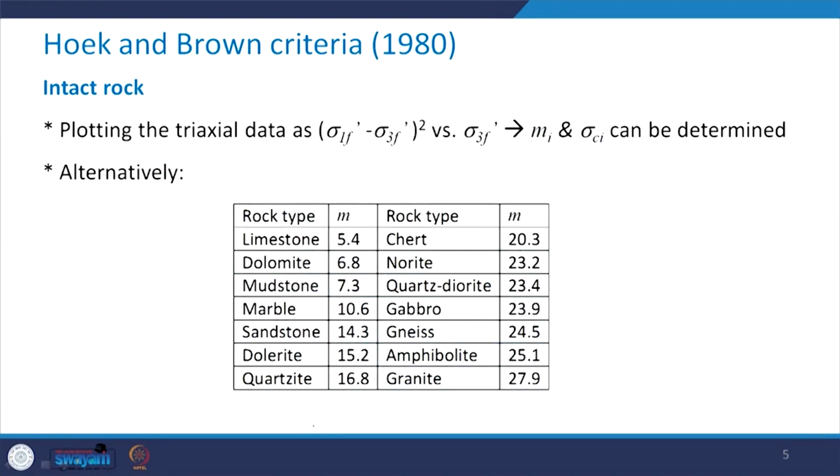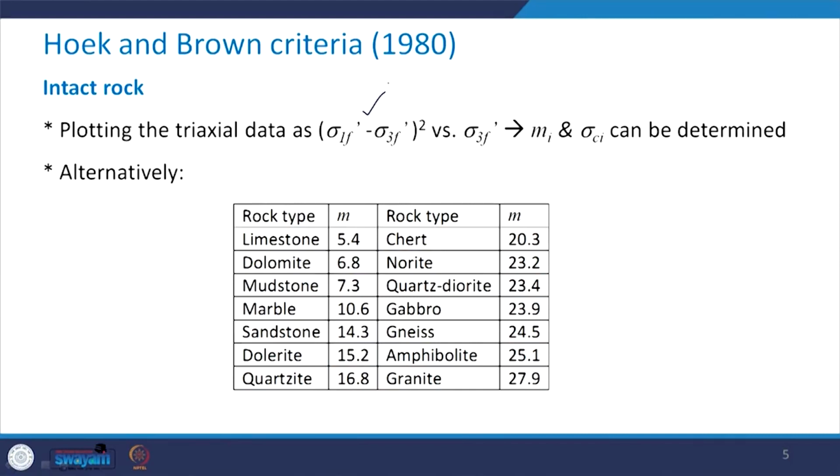Now, we have seen how the equation for the intact rock looks. If we plot the triaxial data as (sigma 1f minus sigma 3f) whole square versus sigma 3f, we can plot a straight line between these two, and from there we can obtain mi and sigma ci.